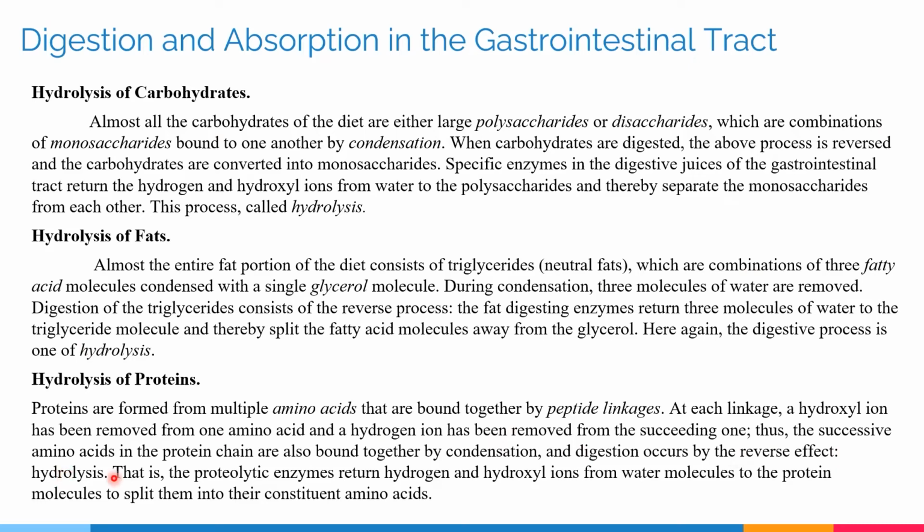Thus, successive amino acids in the protein chain are bound together by condensation, and digestion occurs again by the reverse effect, that is hydrolysis. The proteolytic enzymes return hydrogen and hydroxyl ions of the water molecule to the protein molecules to split them into their constituent amino acids.